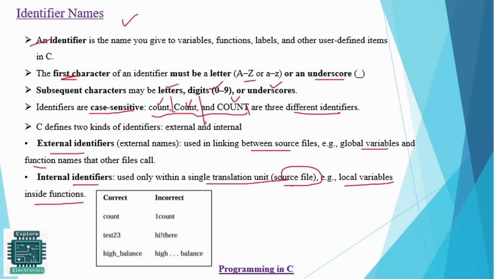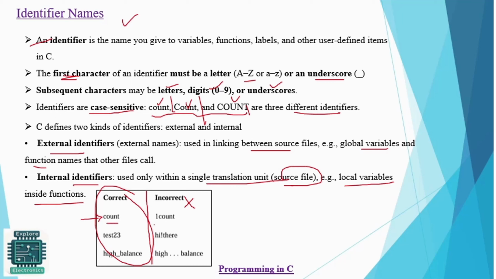Now here you can see the correct form to write identifiers: count, test23, high_balance. These are all correct and these are all incorrect. Why is the first one incorrect? Can you guess? Yes, you are right. Here count is correct.